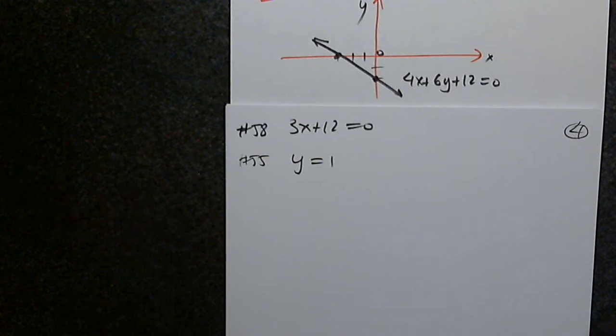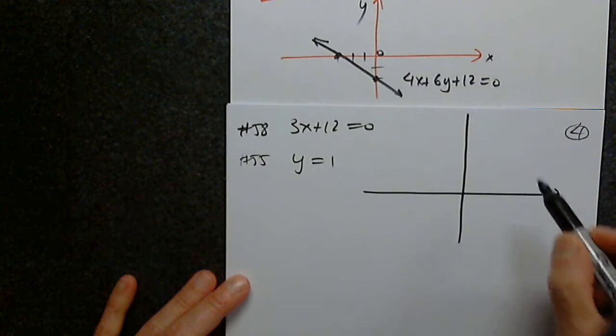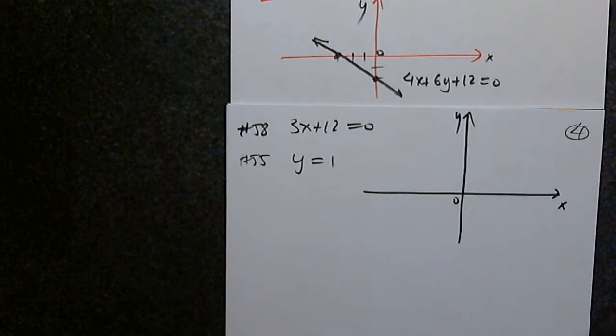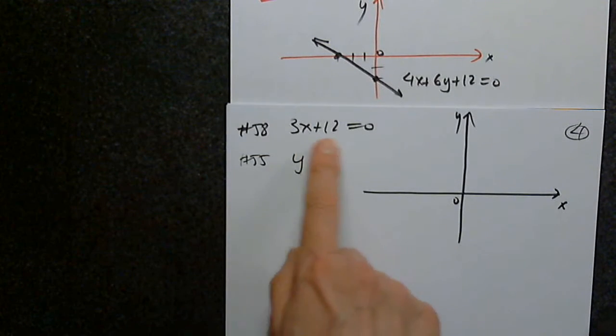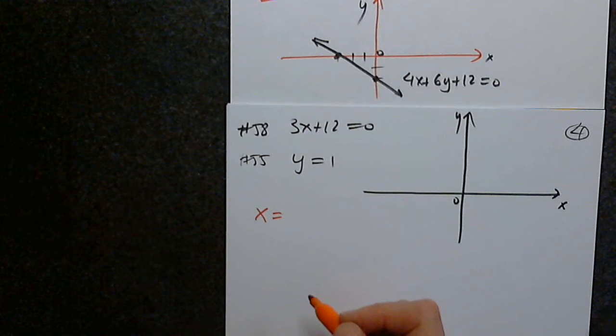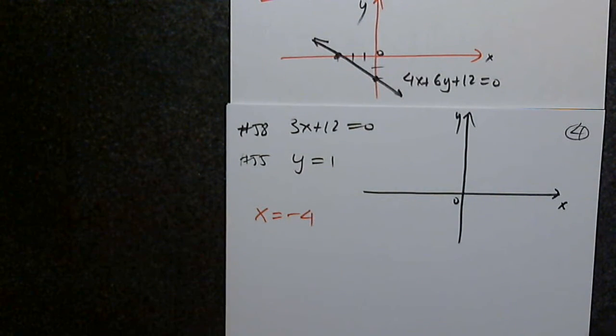How will you graph the first one? First, you have to solve, right? So when you solve this equation, you get what? X equals? Do you all agree with x equals negative 4? We just talked about it, but we have to remember this.